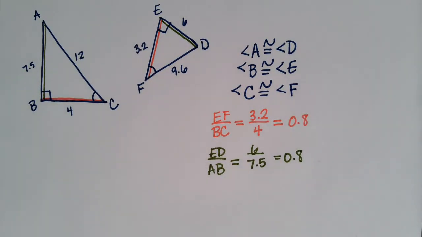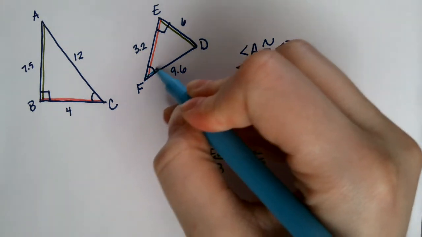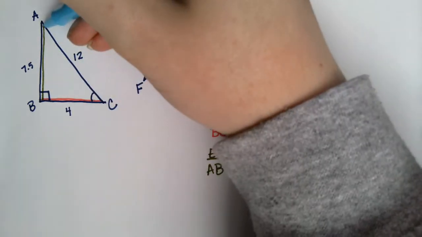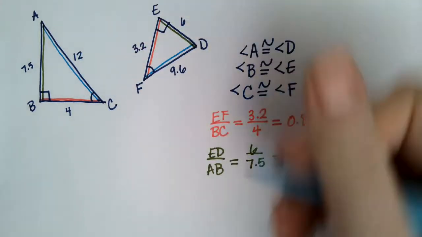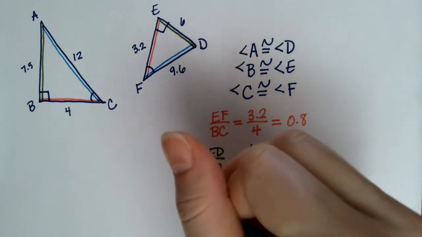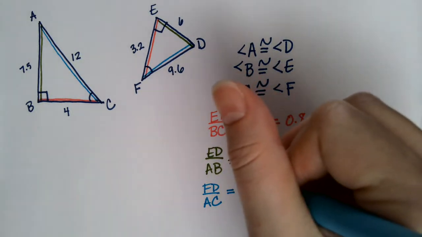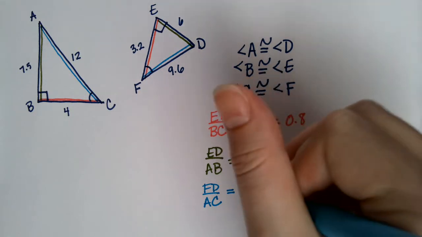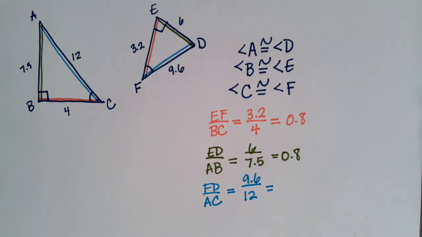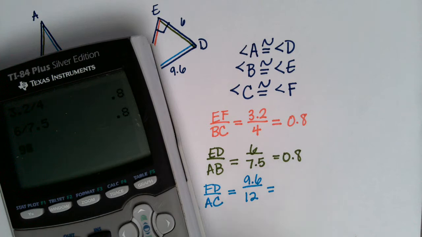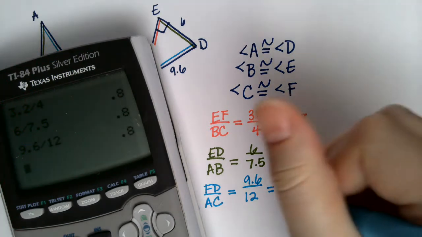And I have one more set of sides to find, and those are my largest sides. So I have FD and AC. FD over AC gives me 9.6 over 12, and I get 0.8.